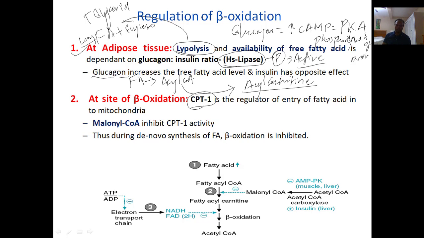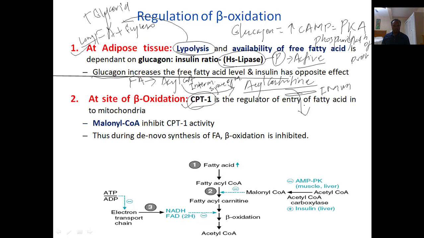If acyl carnitine is formed, it can easily pass through the inner mitochondrial membrane. CPT1 is present in the outer mitochondrial membrane. This reaction happens in the intermembrane space of mitochondria.